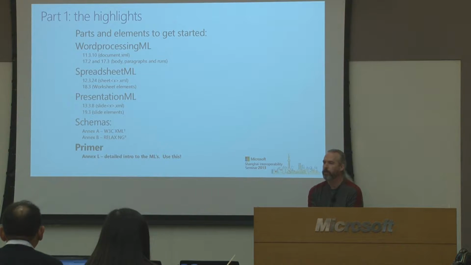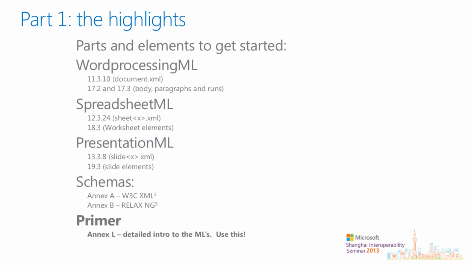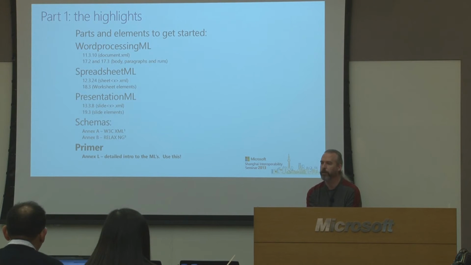But important to note is the primer, which is in Annex L. This is a fairly detailed introduction to the markup languages, and I highly recommend reading through it. It gives a lot of good information and introduction and practice in using the markup language.